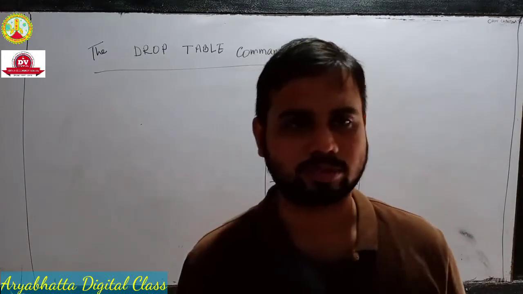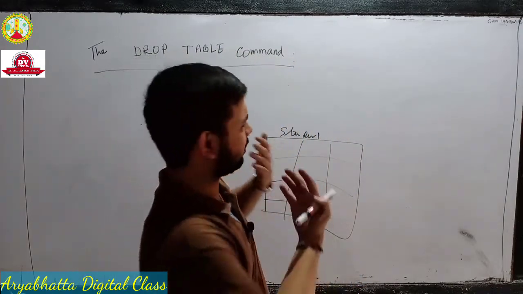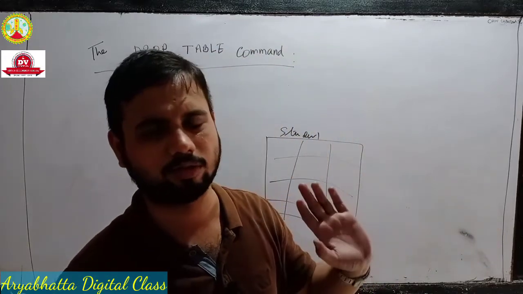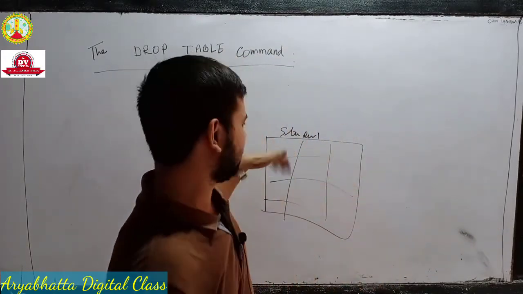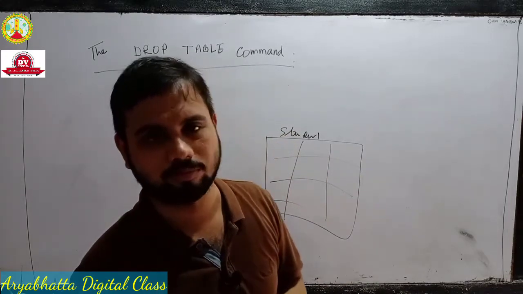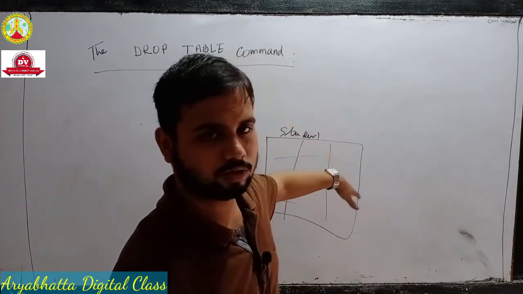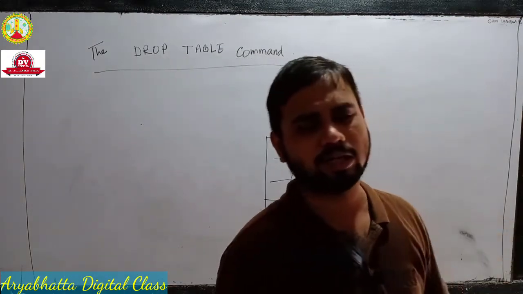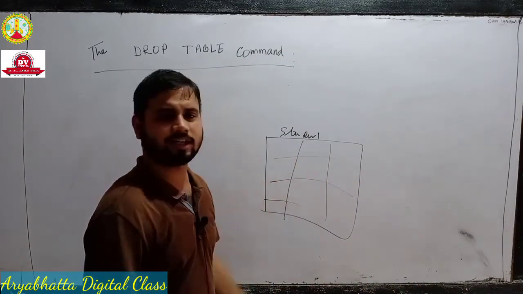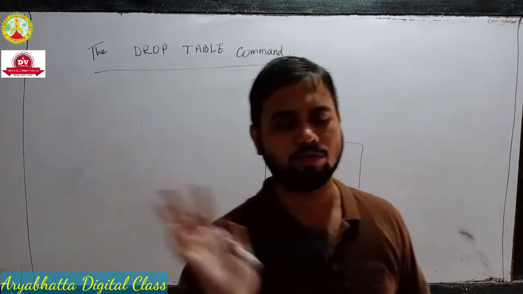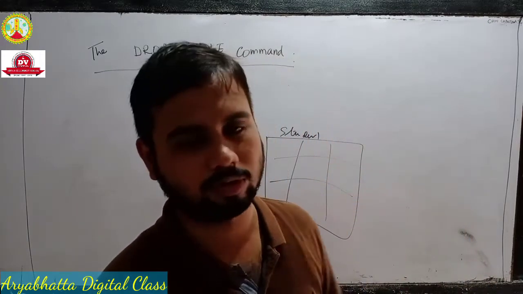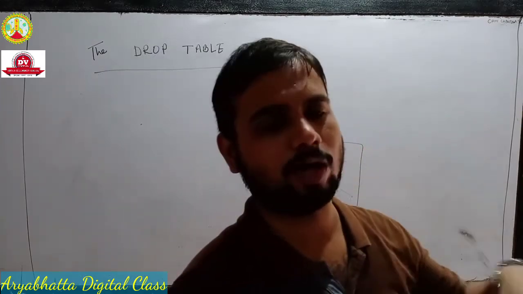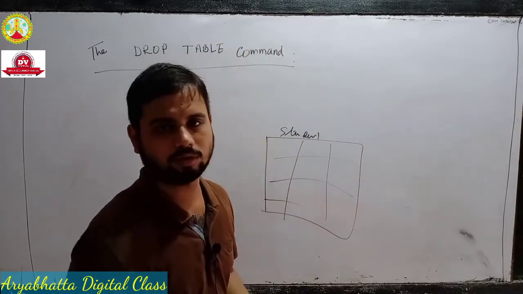Suppose there is a table, and your working is done. You no longer need this table. Your need is over for this table. Then what do you do? You just delete this table by dropping the table. The whole table, not one column or one row. The whole table you want to drop or delete, because the purpose of creating this table is already done.